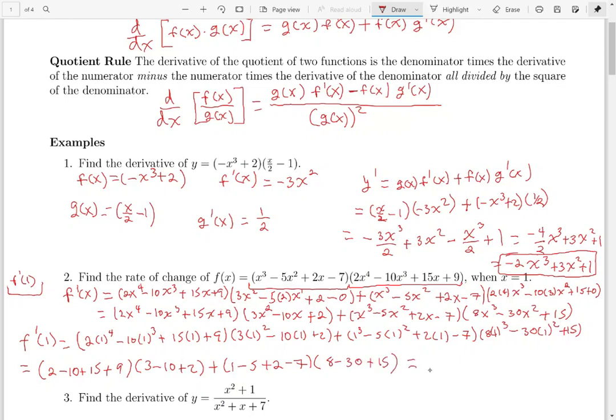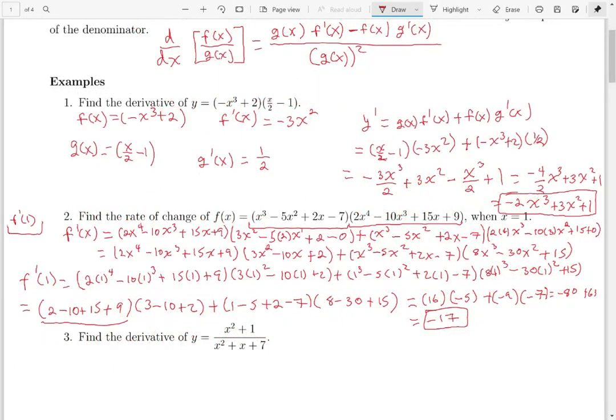I then get that this is 16, so that's that piece, times negative 5 plus negative 9 times negative 7, which I then get to be negative 80 plus 63, or negative 17, as long as I don't have any typos.